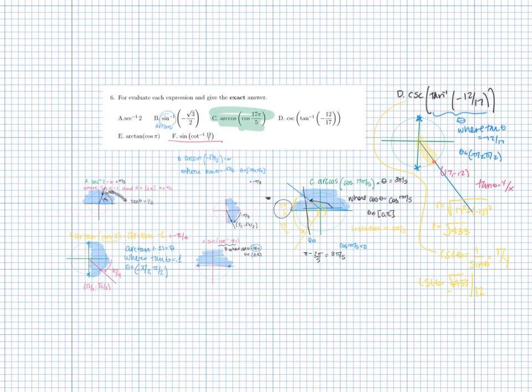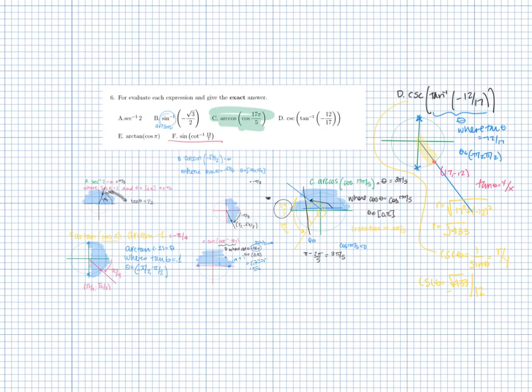So we can do this just like we did the last one, except for this one, cotangent is cosine over sine. So we know that this is actually 13 over 7. We can find this r value here. R is the square root of 13 squared plus 7 squared, which is the square root of 218.